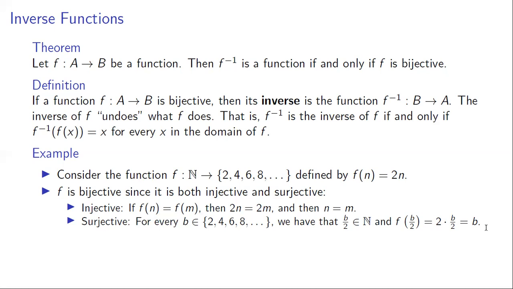So it would seem, and in fact it is true, that the size of the domain and the size of the codomain should have to be the same size. If a function is bijective, that should mean that the domain and the codomain have the same size. And that is in fact true.